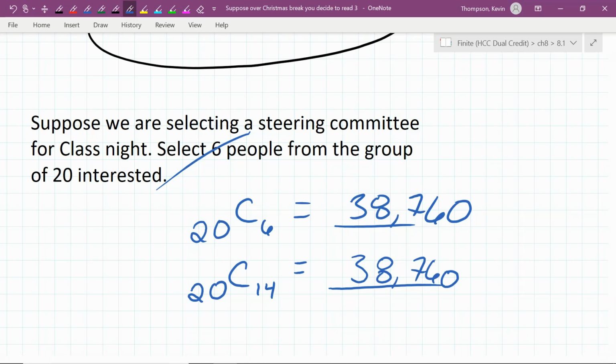Yes, 6 and 14 add to 20. So if I choose 3 of you, didn't I not choose 4 of you? And the ways I could not choose 4 of you is the same as the ways I could choose 3 of you. So let me say another way. By choosing a group of 3, didn't I force a group of 4? So choosing 3 and 4 out of a group of 7 must be the same. So choosing 14 or 6 out of a group of 20 is the same.